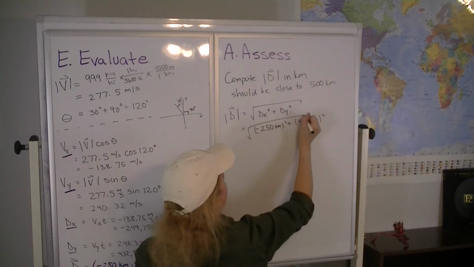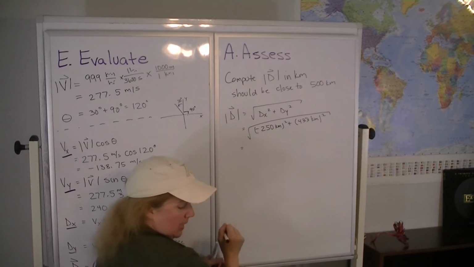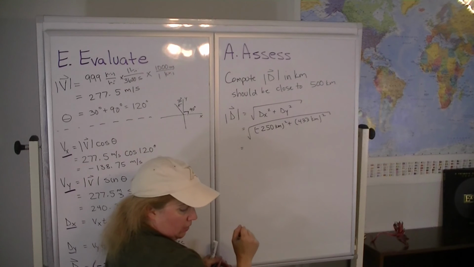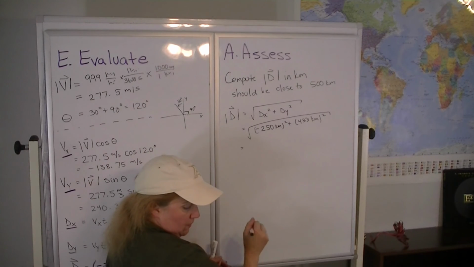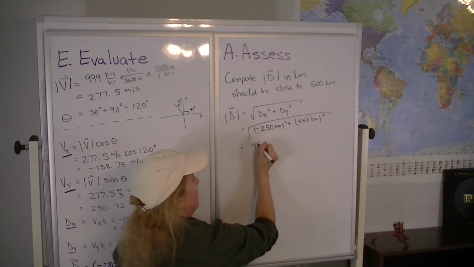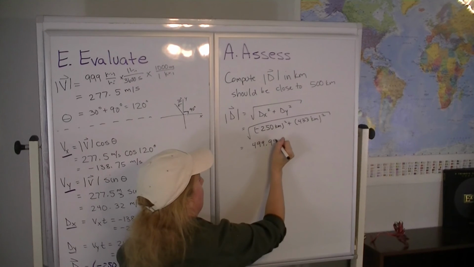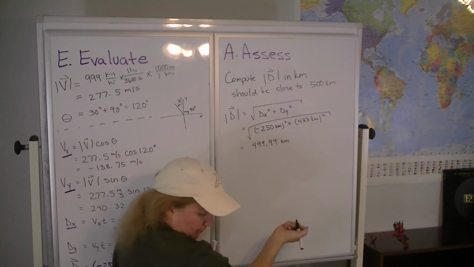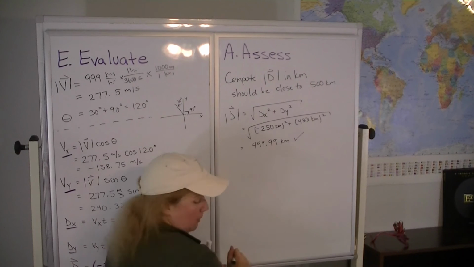Take the square root of that, and your handy dandy calculator will hopefully tell you that that is equal to 499.99 kilometers. That's good. That's about what we thought it should be.